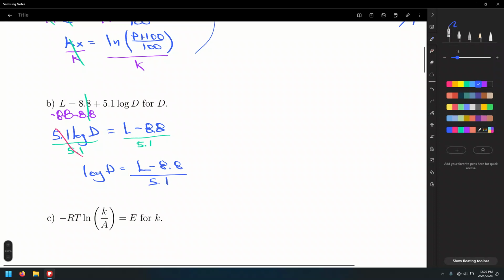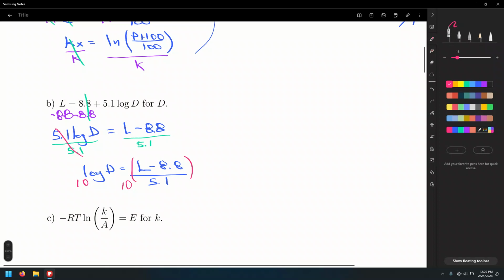Now that we isolated the logarithmic term, we may go about doing the exponentiation, in base 10 in this case. How do we know it's base 10? Because that's the same base as the logarithmic function. No subscript, so it should be understood that it is a logarithm base 10.